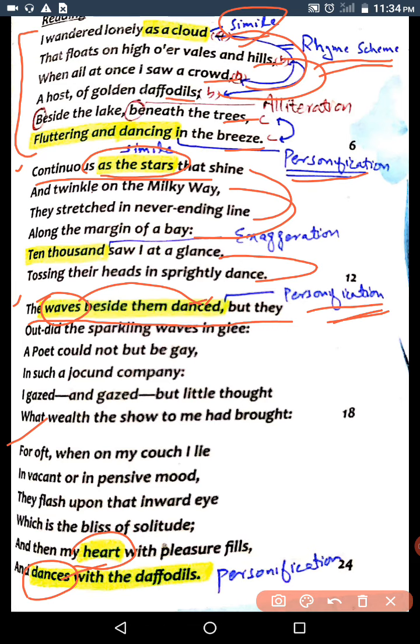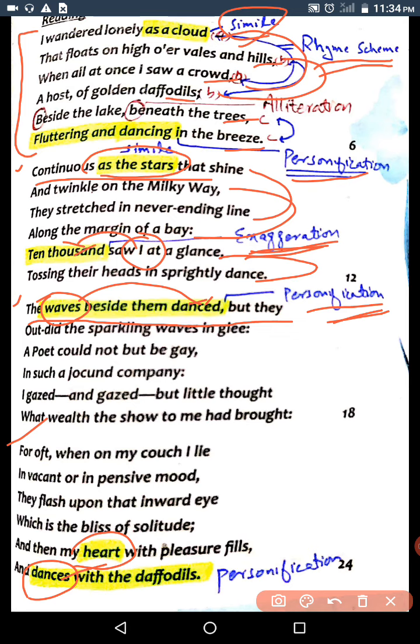so that is personification. Now here we are having another poetic technique which is mostly used in literature and poetry, exaggeration, which is called hyperbole as well. To exaggerate something. Look, along the margin of a bay, 10,000 saw I at a glance. How many did the poet see in one glance? 10,000.